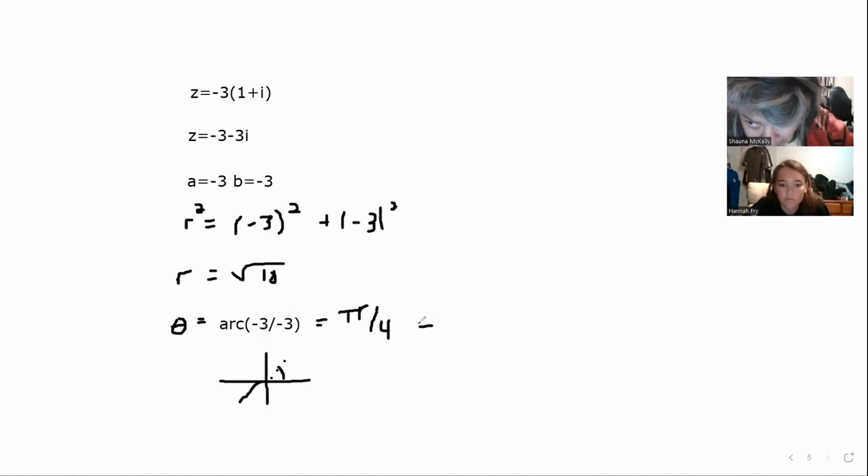I'm going to add pi. That's how I came up with that. Are you okay with this part? Because you have to teach this tomorrow. I want you to understand where this comes from. So this angle is going to be 5 pi/4 now. Remember that if you are going to add this up by hand, you have to have a common denominator when you do this. This is 5 pi/4, which is the same thing as 225 degrees. Okay.